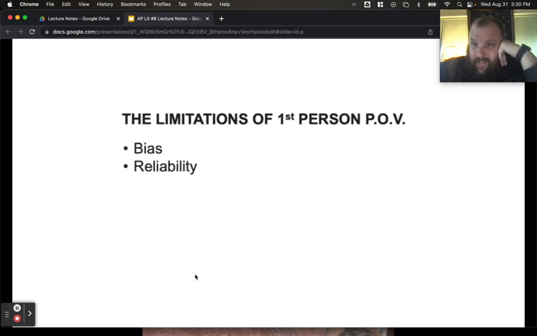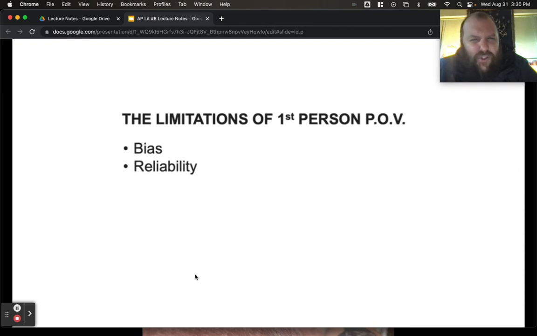Here are some limitations. Right, we talked about bias, and I've mentioned this before, but reliability. If the first person narrator is talking to us, and we have some reason to maybe doubt is a little strong, maybe question whether or not they're reliable.